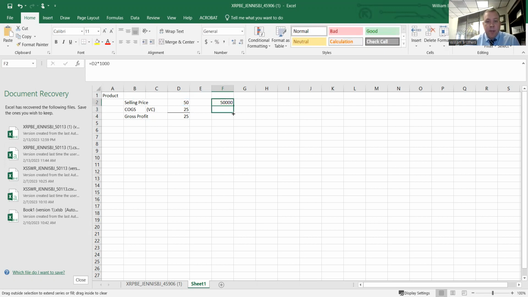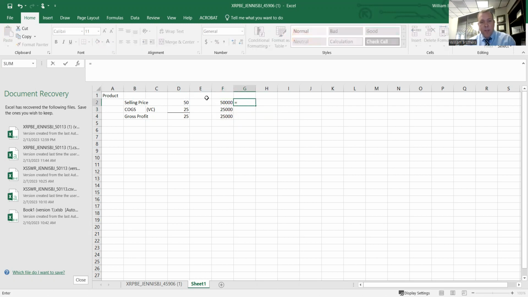That also means that my expense is $25,000 and my margin is $25,000. Let's say then that this is 2,000 units: $100,000, $50,000 and $50,000. My unit amounts remain the same, but the thing that drives how much money I'm making and how much money I'm paying is how much I sell. It's in direct proportion to the volume.